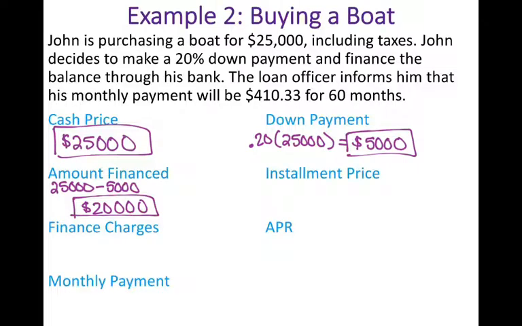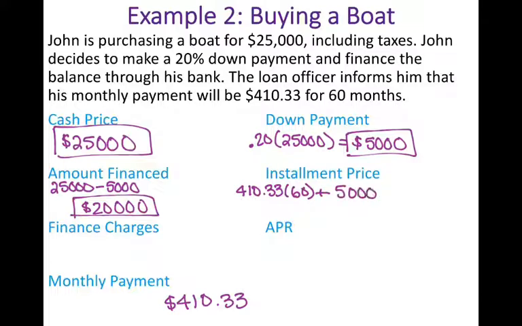Now the installment price, we're actually going to calculate based off of the fact that his monthly payment was $410.33 for 60 months. So I'm going to take the total amount that he would have to pay, so that's the $410.33 times the 60 months, plus his down payment.